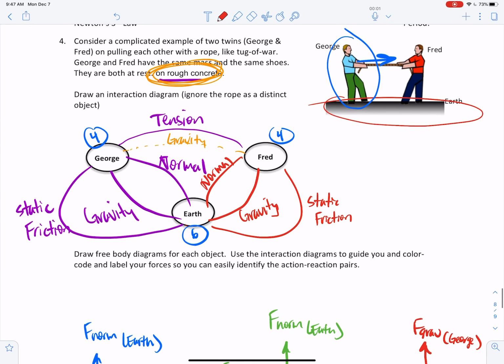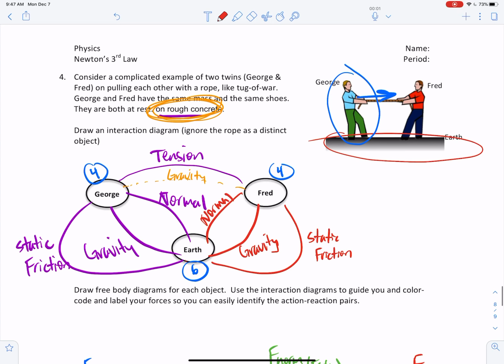So the direction is a little bit tricky. Imagine that you are the Earth. And again, it helps to come back up here. So imagine you're the Earth. George is being pulled this way by Fred. And so if you're the Earth, you would feel George sliding to the right on your surface, right? Fred is pulling George to the right.